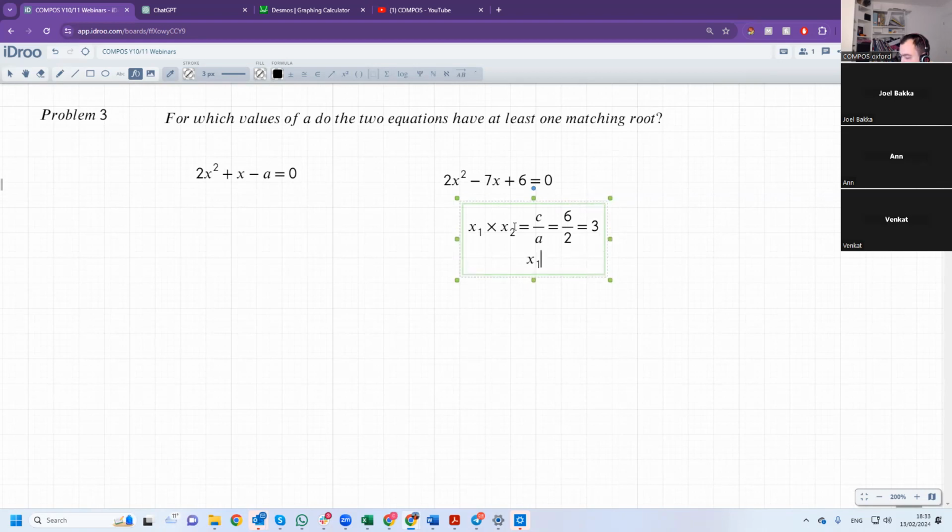And x1 plus x2 is equal to minus b over a, which is 7 over 2.